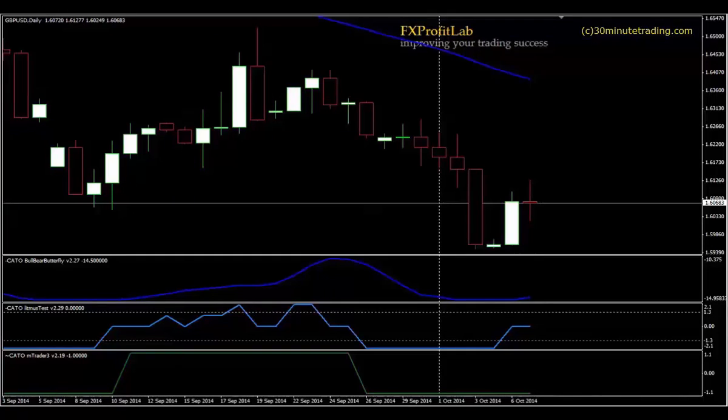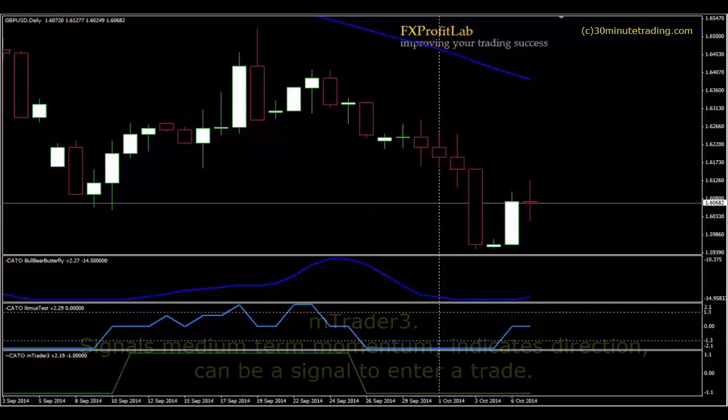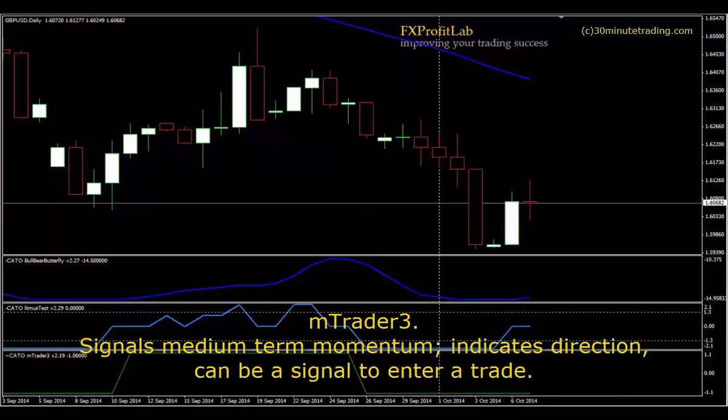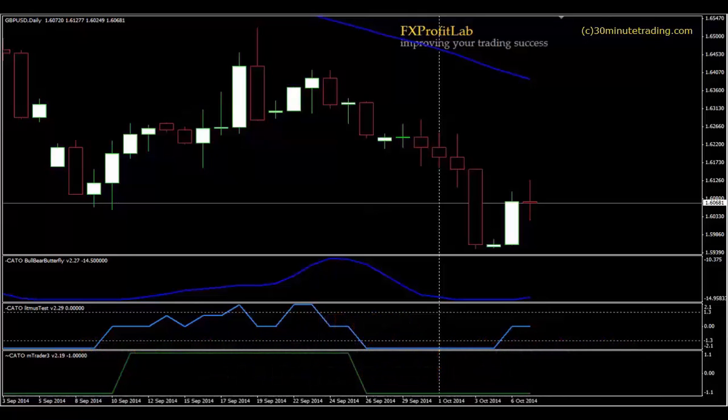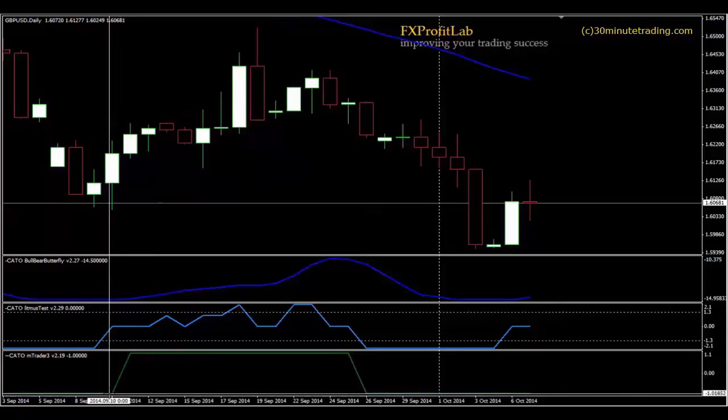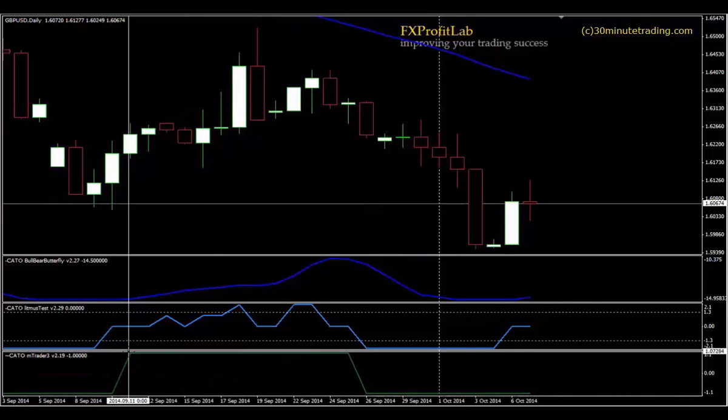So here we are again on the pound dollar. We're looking at the daily chart where we left it a minute ago. I've just added onto this the Cato M-Trader 3, an indicator which gives us an idea about which way we should be trading as well. You can see here that the M-Trader 3 went from below to above.